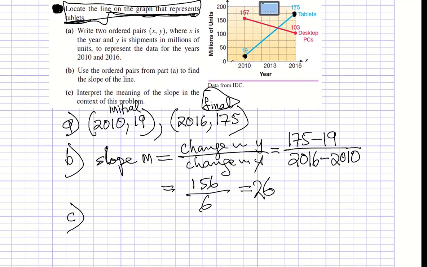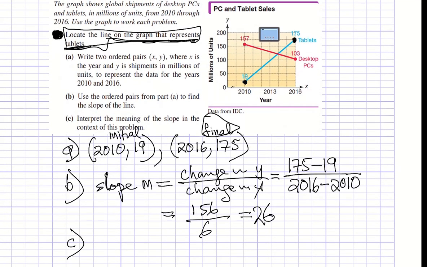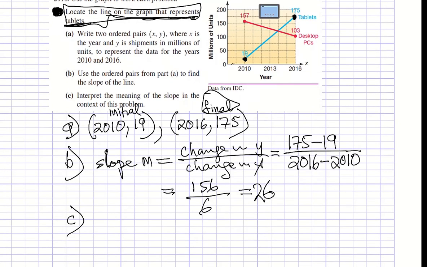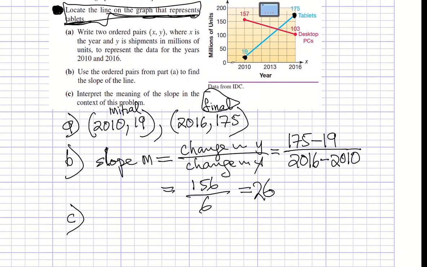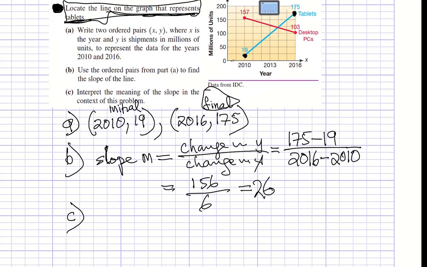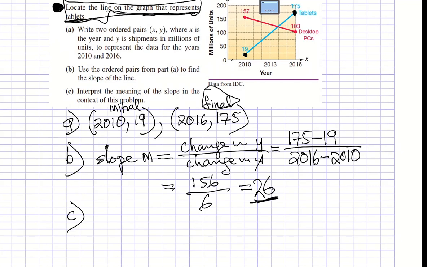So it increased. It went from 19 to 156 in 6 years, because that's a period of 6 years. That's what that slope is saying. But then the number means that every year there are 26 million units that increase per year.